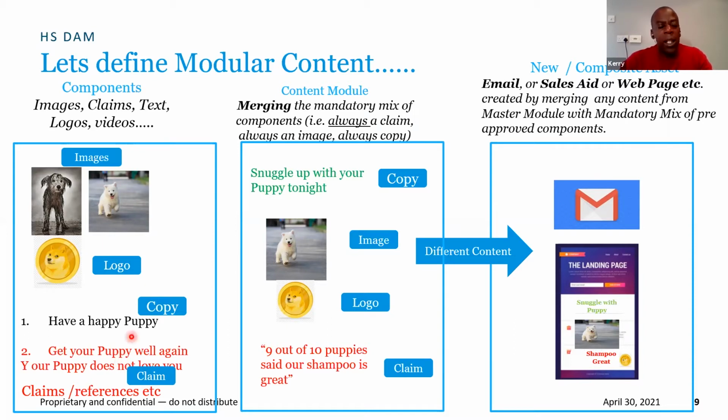And then finally, because there are multiple components in your DAM system, when they are merged, this family of items, which are governed by business rules, can then be routed to an email, with a bit of copy, a nice picture, a logo, and your claim, or that same family of items can then be routed to your landing page or your website.